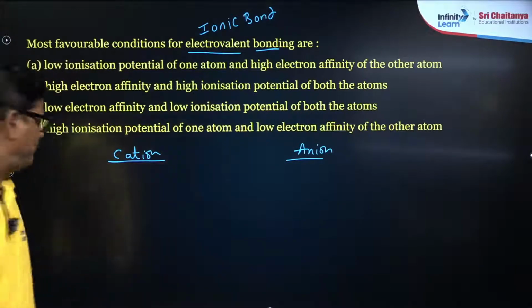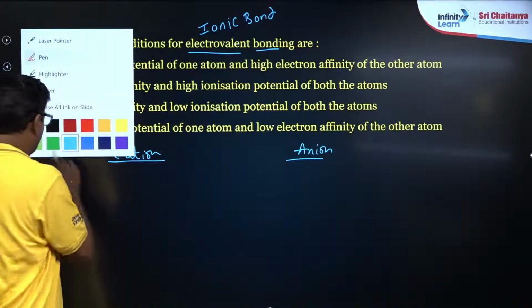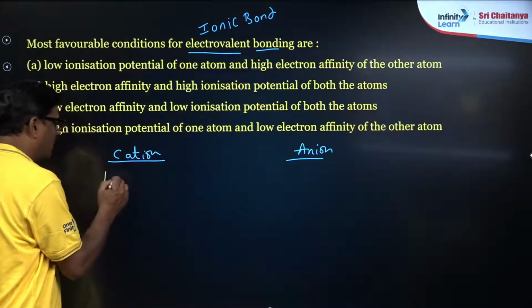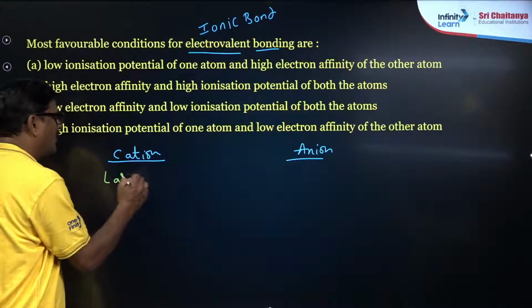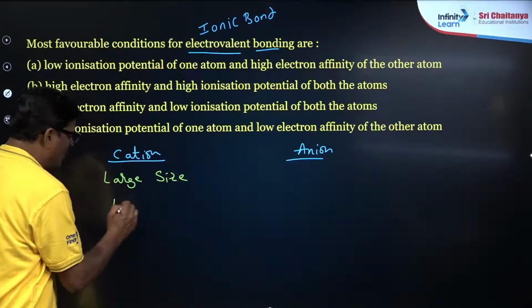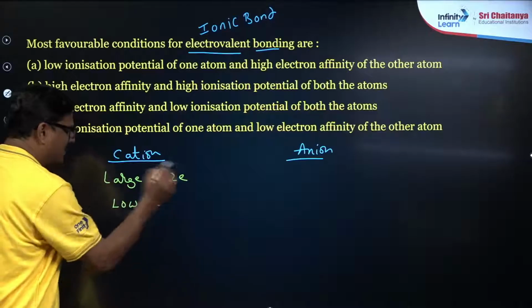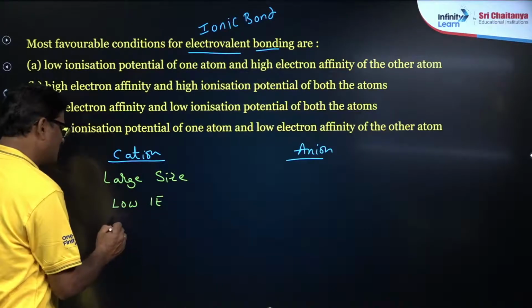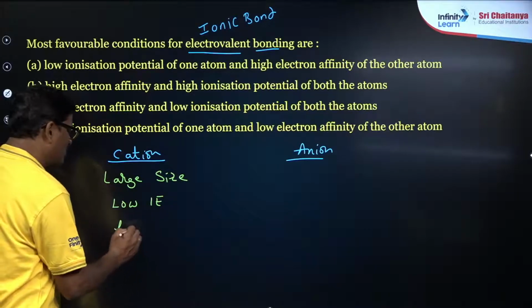Okay? एक cation form करने के लिए आपको large atomic size ion is required. Large size and low ionization energy and less charge on the ion.